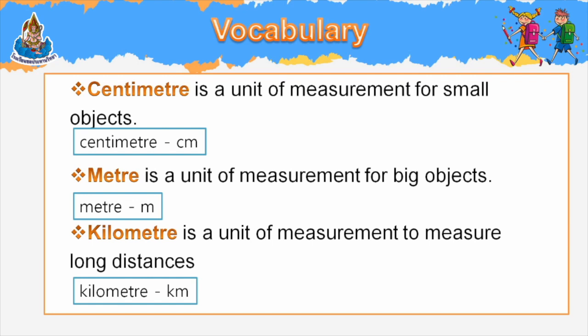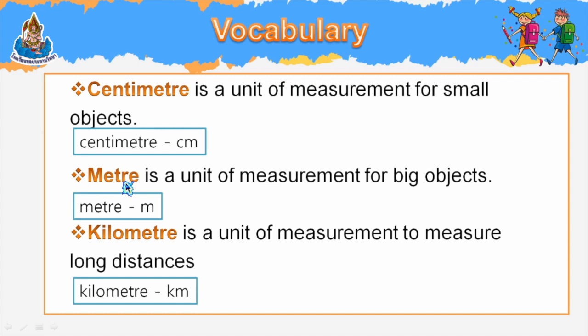Okay? Those are examples of small objects. And we can write centimeter in two different ways. Write it this way and this way. So this is the abbreviation of centimeter: cm.